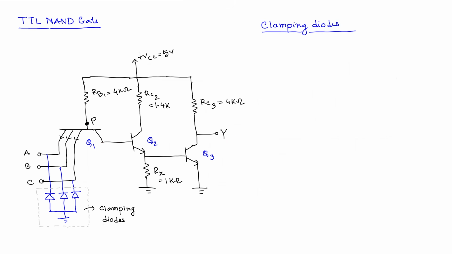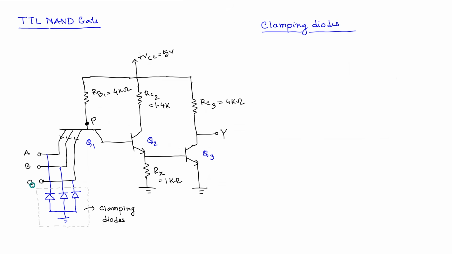Now, clamping diodes. You have seen this portion, three diodes connected with the inputs, but whenever we explained the functionality of the circuit, these portions were never discussed. These are not functional parts of the circuit, but they are useful as a safety measure. Using this kind of diodes, the input values cannot go lower than a certain value.